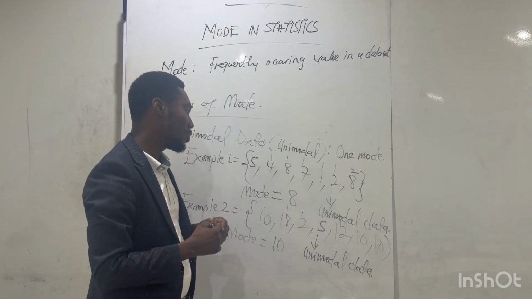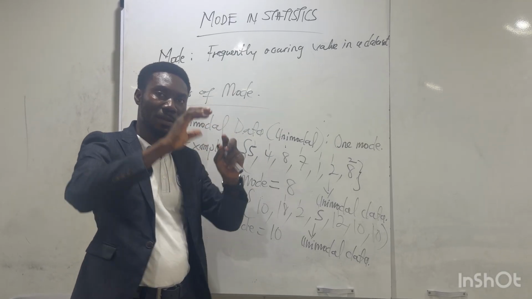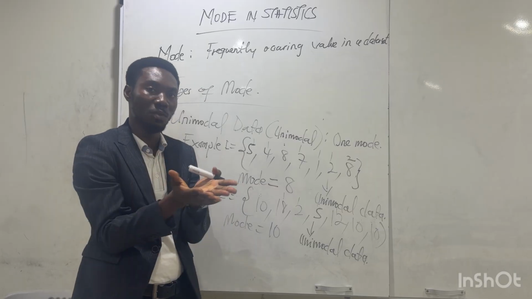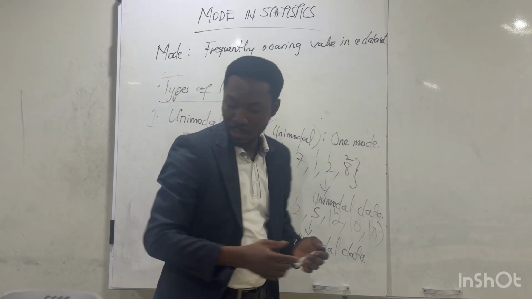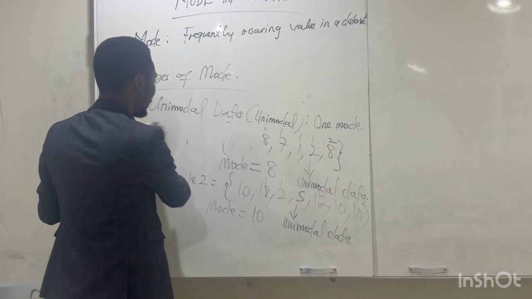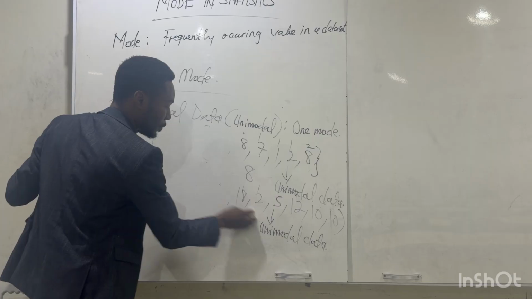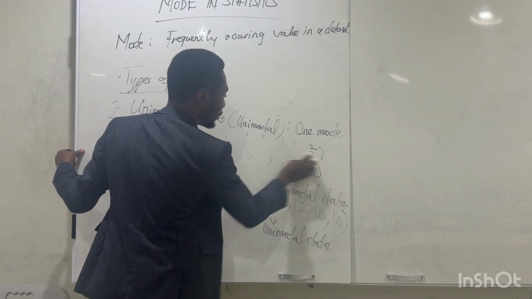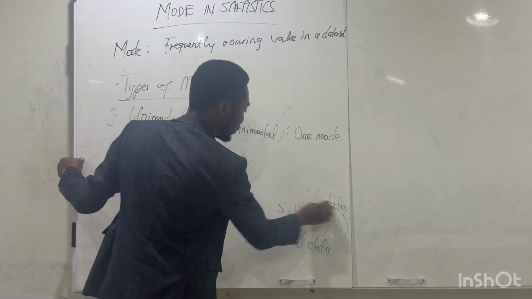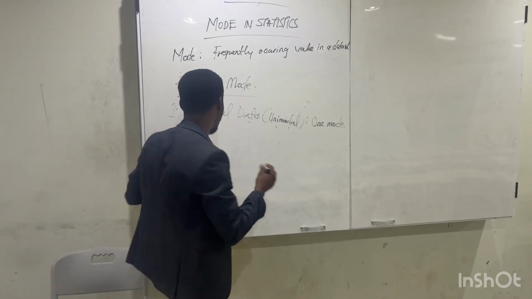Okay, so in statistics, we can give you a set of data, then we ask you to identify which of the data set is unimodal. So for example, we can give you a simple data like this. Alright, so let's look at another example.